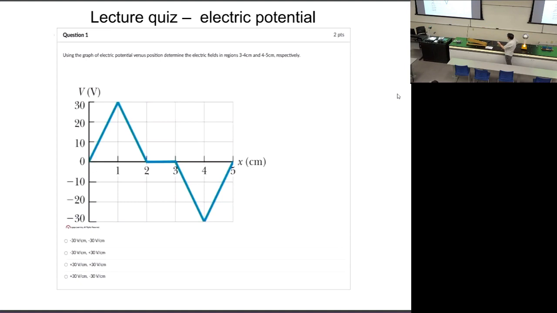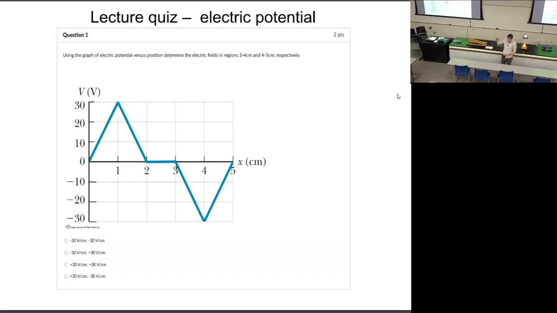In this region from 3 to 4 centimeters, the slope is downwards. That's a negative slope. The electrical field is the negative of the slope. It's the negative of the negative slope, so the electrical field is positive. It's pointing from the left to the right. So 3 to 4 centimeters is plus 30 volts per centimeter. In this region from 4 to 5 centimeters, look, the slope of the potential is a positive slope going uphill.